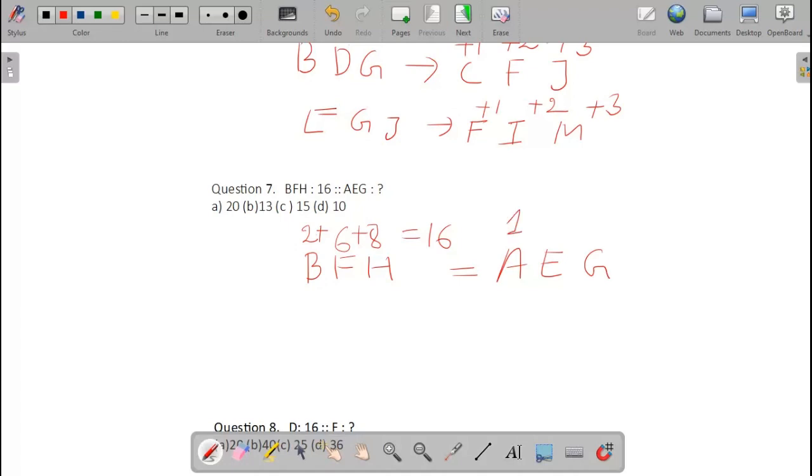A is 1, E is 5, and G is 7. That will be equal to 13. Is 13 there in the options? Yes. So that will be the correct answer here.